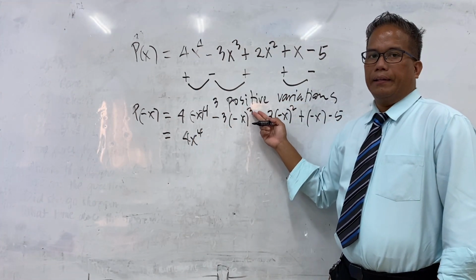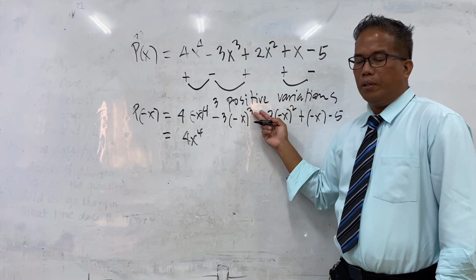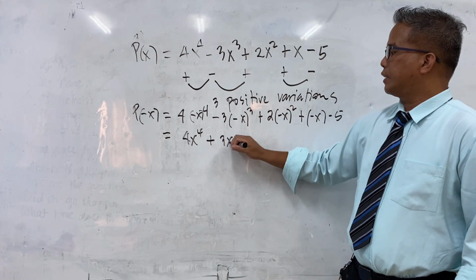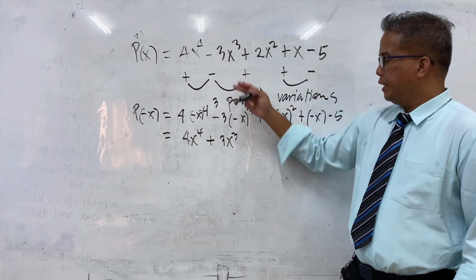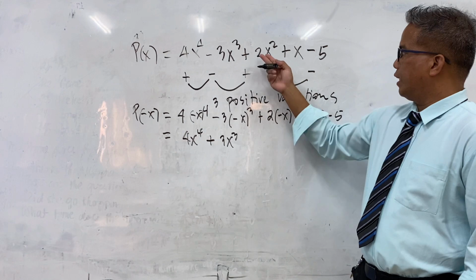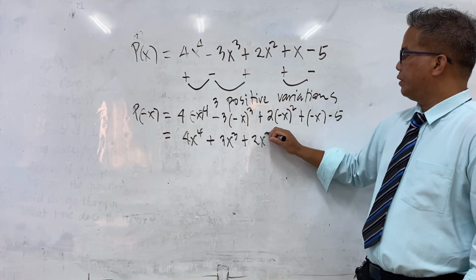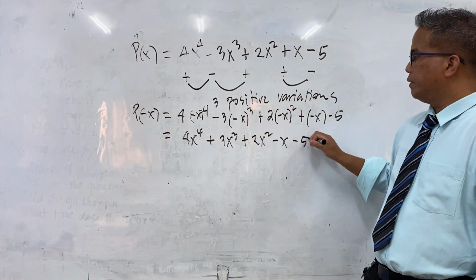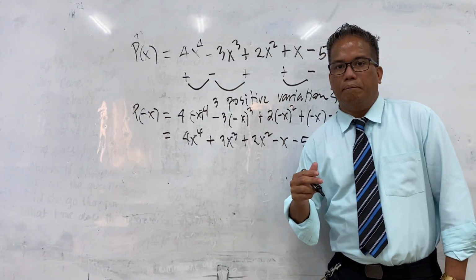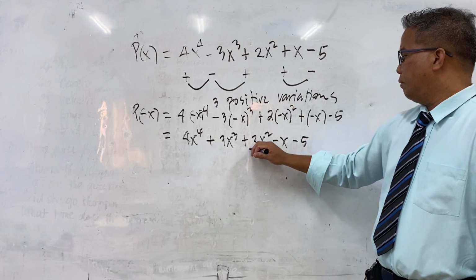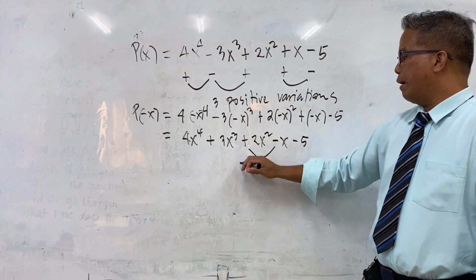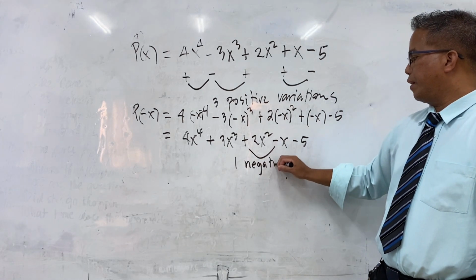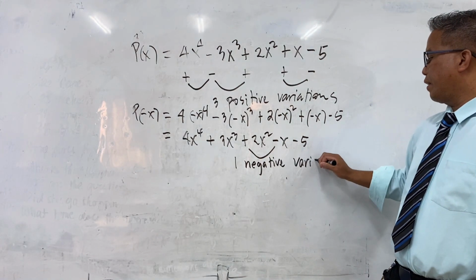If the exponent is an odd number, change the sign, so it becomes plus 3x cubed. Then even, so it's still the same, positive 2x squared. Then we have minus x minus 5. To determine the variations, we have 1 negative variation.